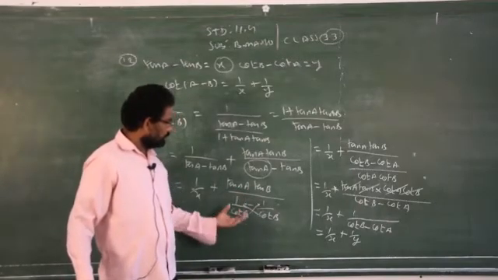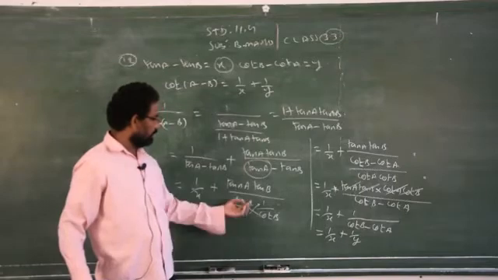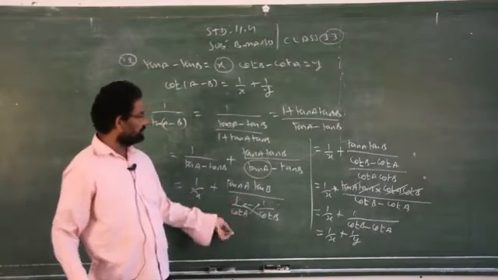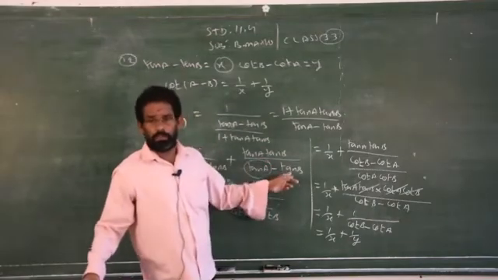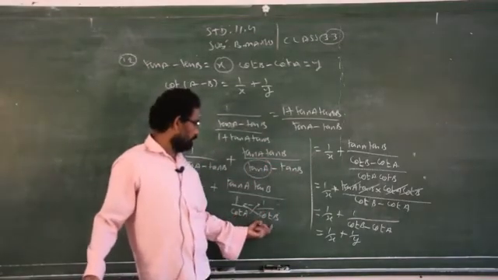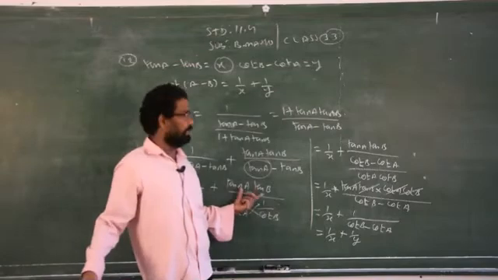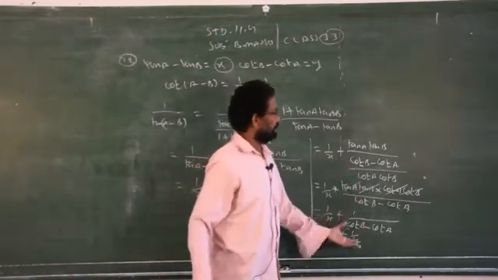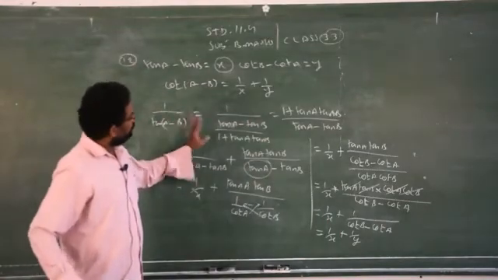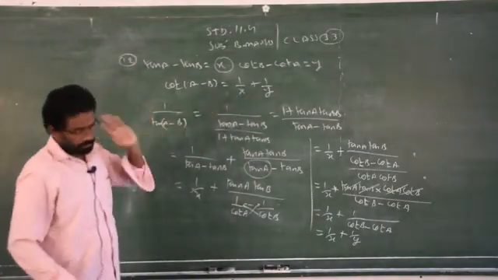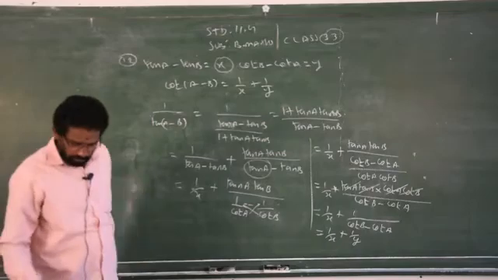So I started to bring it in terms of cot A and cot B, for which I am just replacing the tan A and tan B in the denominator only by 1 by cot A and 1 by cot B. No need to disturb the numerator. Just you apply the cross multiplication, start to simplify it, you will get the required answer. You can do it even from the right side to left side also, that is your wish. Clear? Now sum number 13.